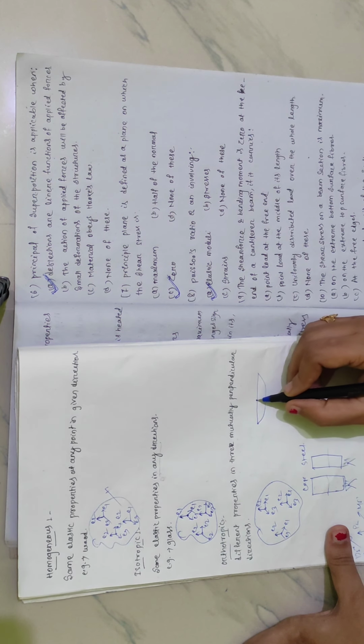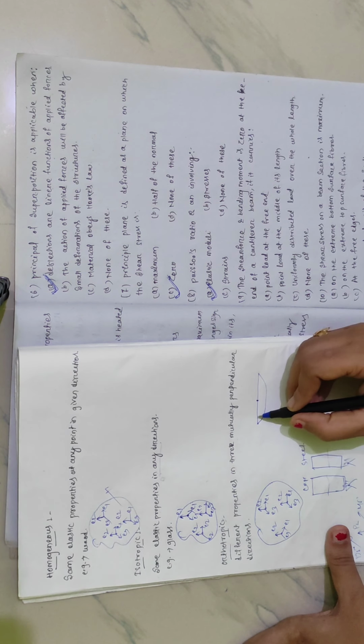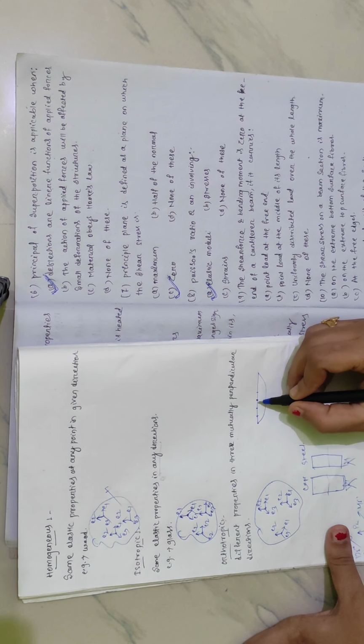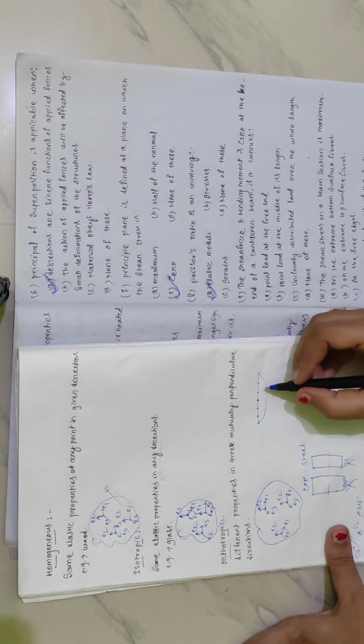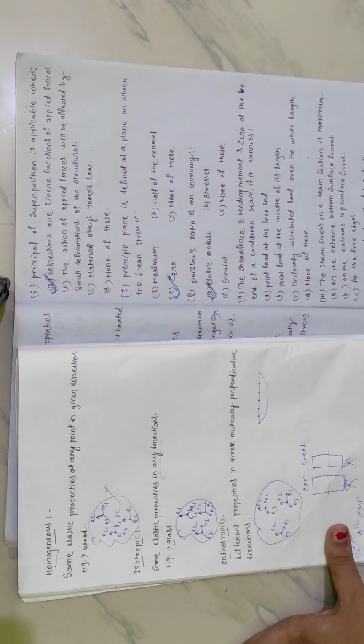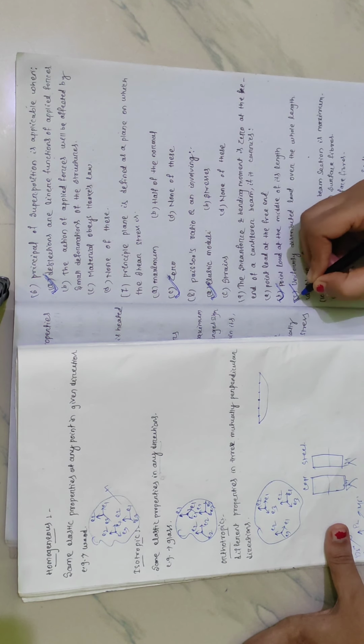If we put the point load here, then the shear force and the bending moment will be 0. And again, if we put the uniformly distributed load like this, then also the shear force and bending moment will be 0 at the free end of the cantilever beam. So the answer should be B and C.